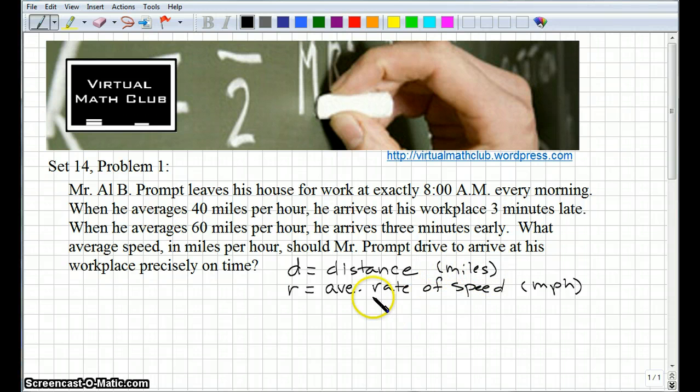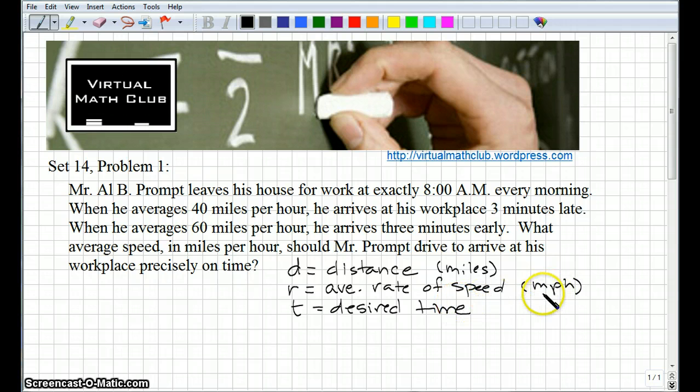And we need time, right? Because in one case we know that he arrives 3 minutes late, in the other case he arrives 3 minutes early. We'll call this time the time that he wants to arrive, the desired time. And what units is the time going to be in?